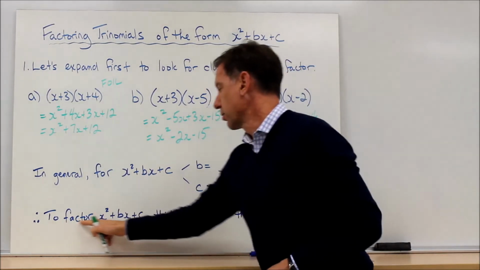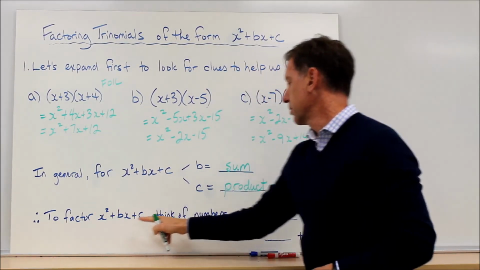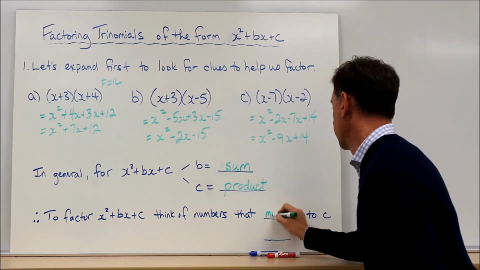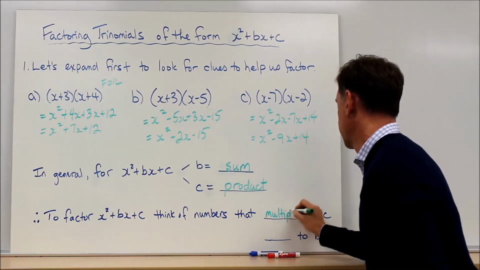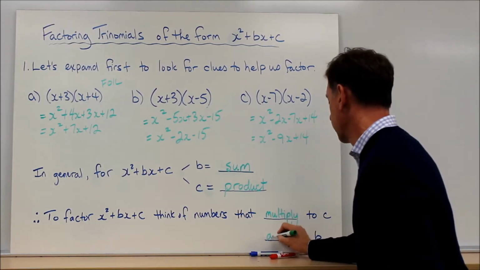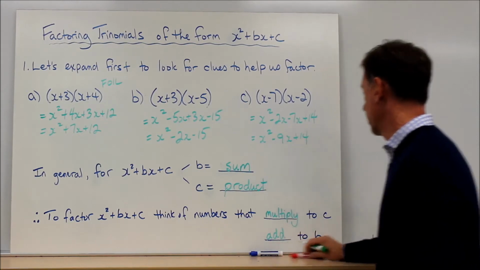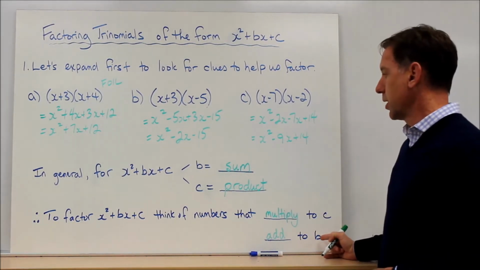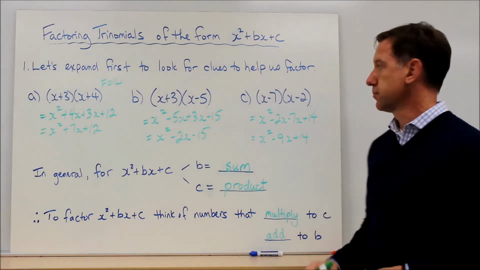So if we're going to factor any trinomial that looks like this, we have to think of numbers that multiply to the last number and add to the middle number. If we can keep that in mind, then we should be able to factor any trinomial.